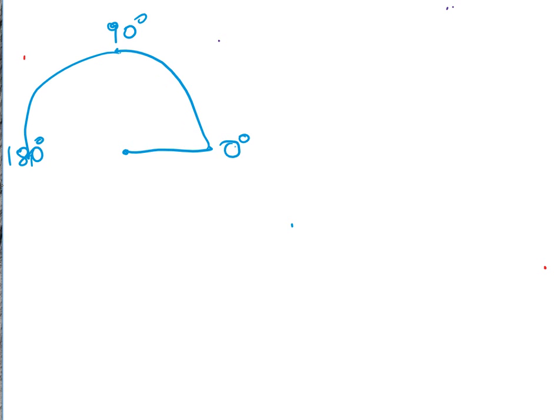I'm going to start with some theoretical background. We know that if this is the center and this is the radius, an angle, imagine that this is 0 degrees, the angle can go up to 90 degrees and then continue to 180 degrees, and then to 270 degrees, and complete the whole revolution at 360 degrees, and we can start again.